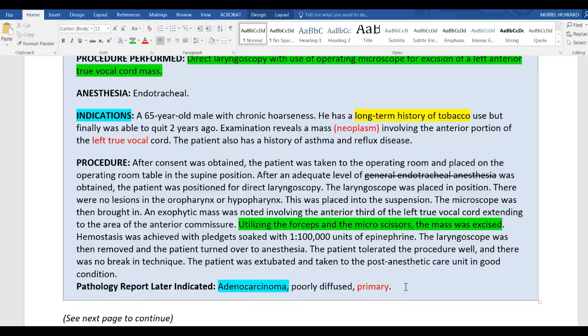Primary means this is the very first growth, or very first part of the body that this particular neoplasm or cancer has appeared in a patient's life.